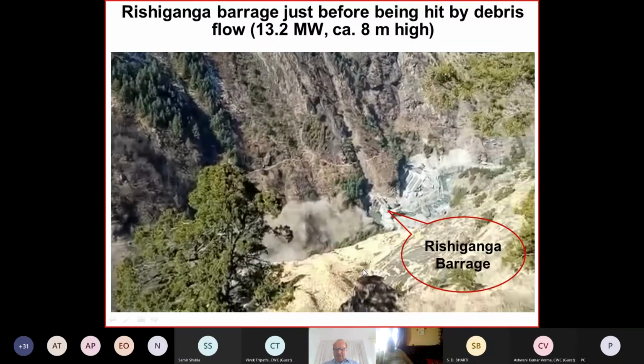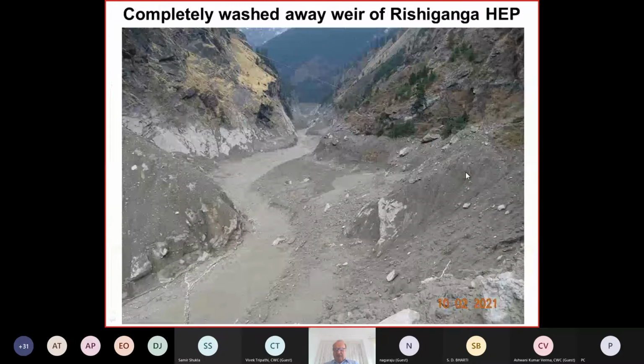What can be another one? Rishiganga barrage, also just before hitting. You see here, this is a small structure, and when this debris flow arrives, it will basically destroy that.